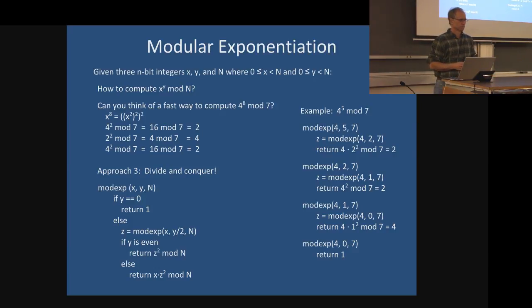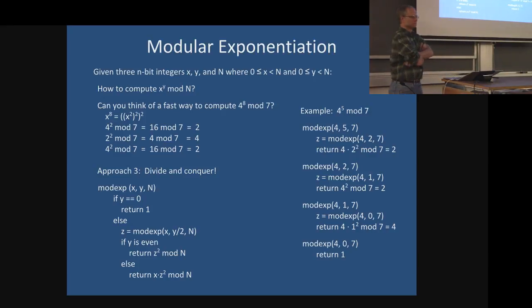And D in this case would be 2, since we have to do the multiply and the mod. So A is equal to 1, B is equal to 2, and D is equal to 2. Yeah, we can use the master theorem here.